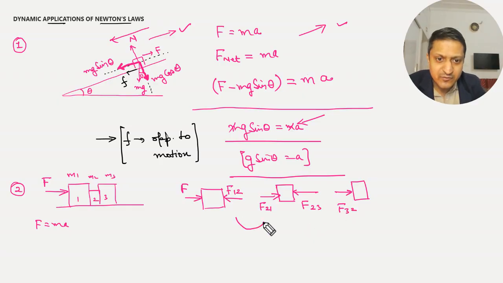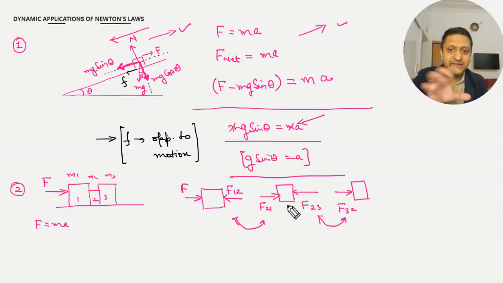So these forces will be equal. Why will they be equal? Because Newton's third law says action and reaction are equal and opposite. So we would be using all situations like this.